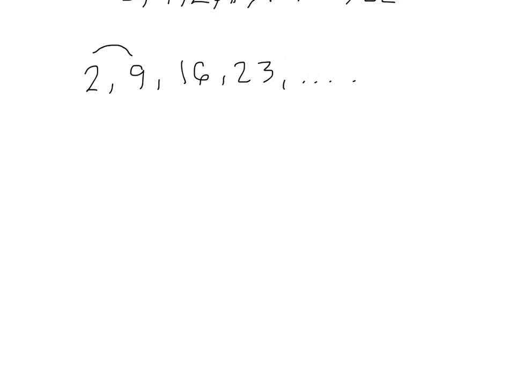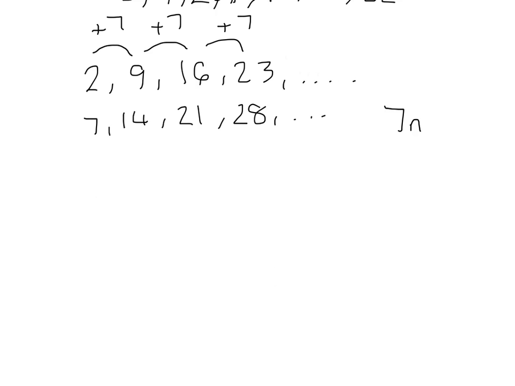Now to get from 2 to 9 I add 7, to get from 9 to 16 I add 7, and to get from 16 to 23 I add 7. Now that tells me this sequence is similar to the 7 times table. So I start the sequence with 7n, and I put the 7 times table underneath the sequence.